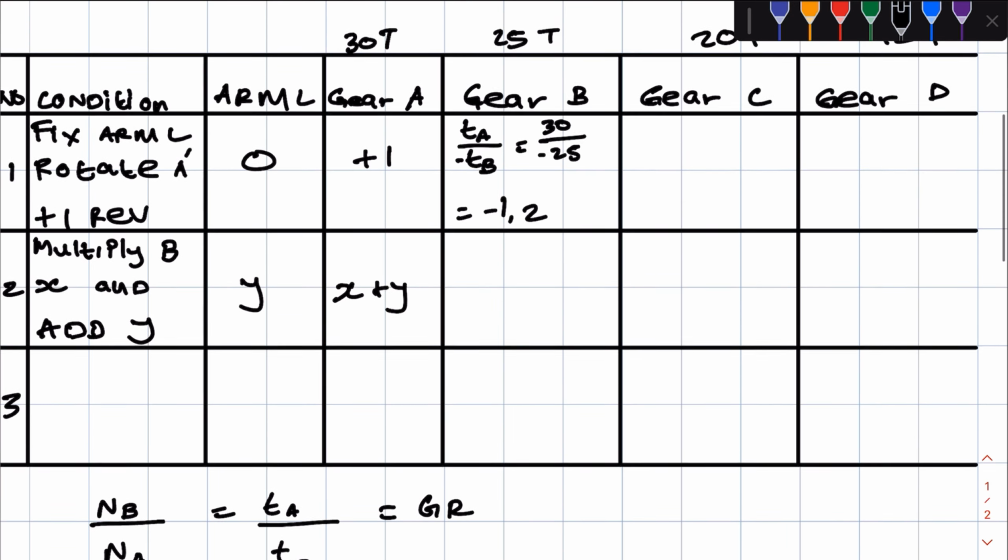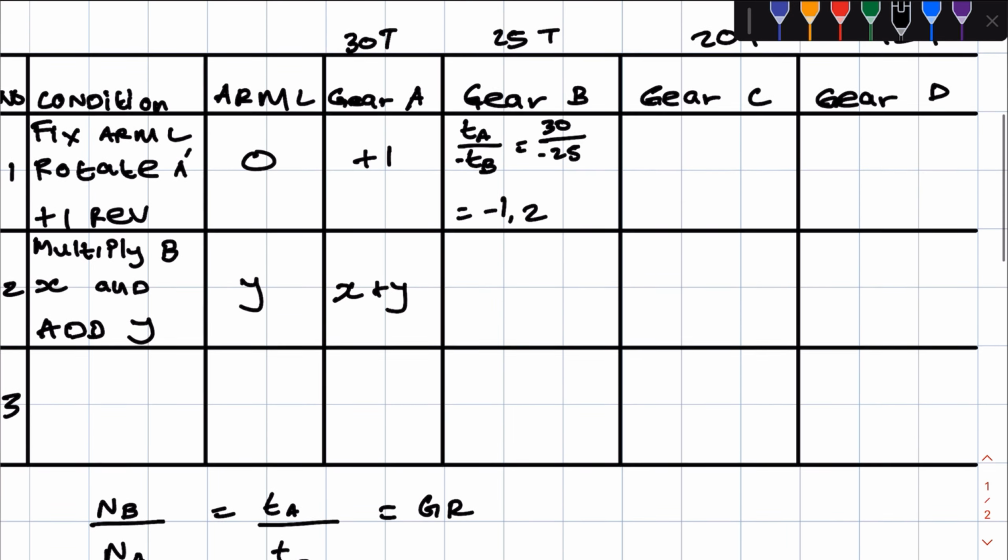In terms of direction, C is meshing with B, and we know B is going anti-clockwise, so gear C will be going clockwise and it remains positive. This is 30 over 20, which gives 1,5.